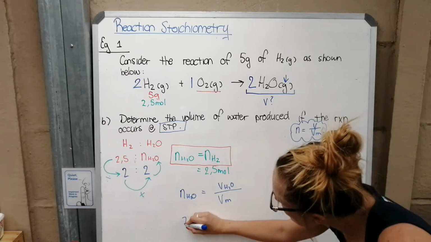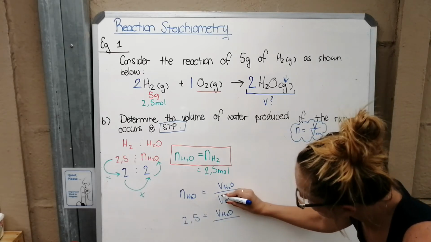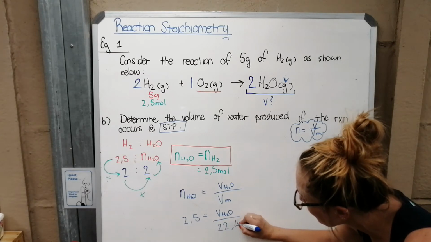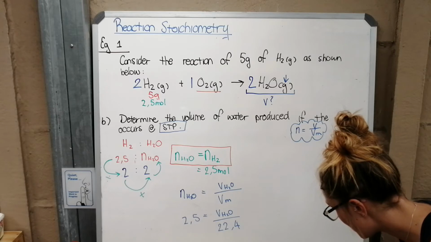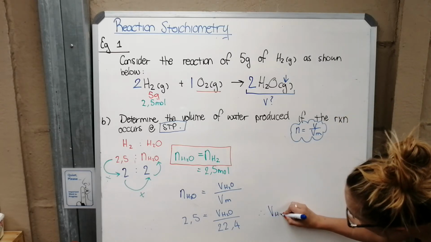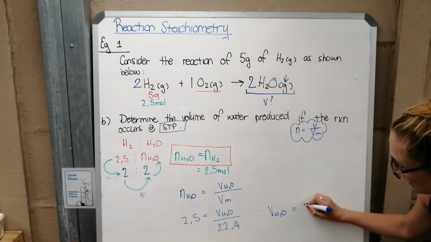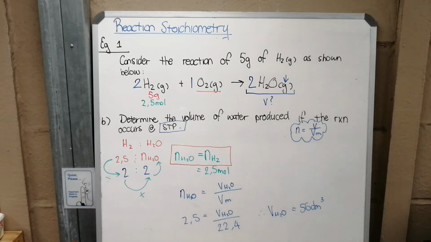Now we know that that's 2,5. We're looking for the volume of H2O, and we know molar volume is 22,4. So we're going to go, 2.5 times 22,4, and we get that the volume of H2O produced at STP is 56 dm cubed. Okay. So that's the first example.